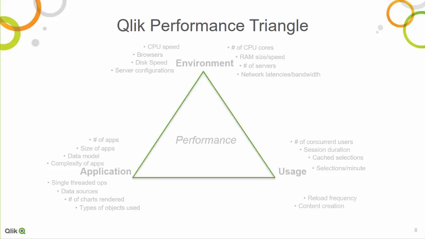From the usage pattern, we have the number of users, selection per user per minute, and ramp-up time, etc. So there can be even more factors in all of those groups than those just listed here. All those factors are linked, and they will impact each other. Before your performance investigation, you need to identify and list those key impacting factors in your system and try and test them in your system. And hopefully using the triangle will help you to evaluate those impacts.